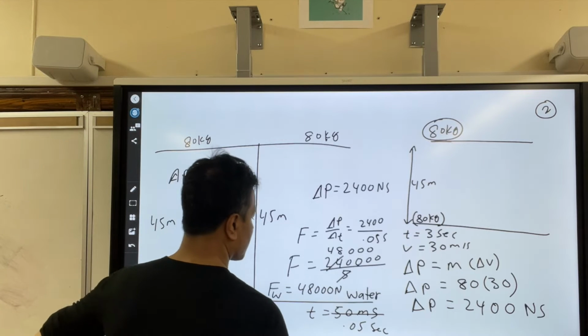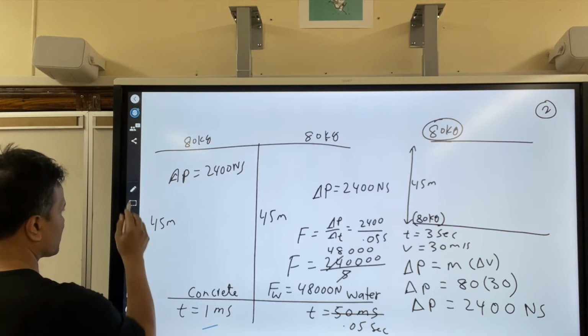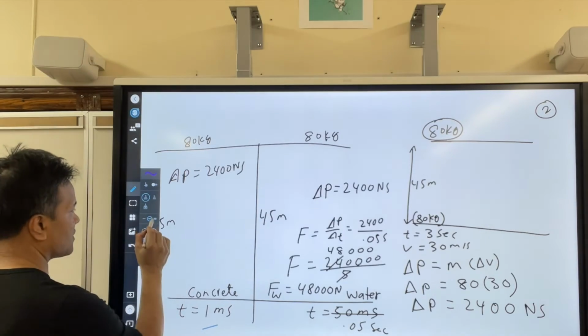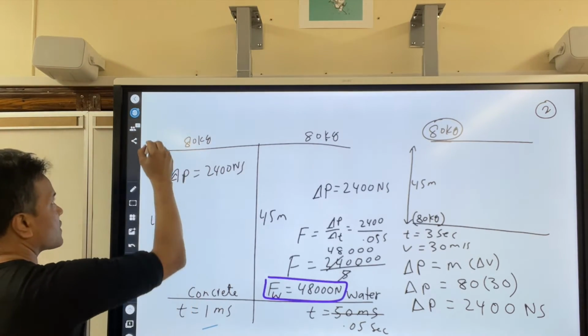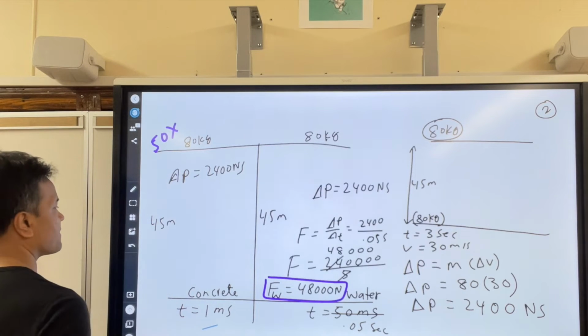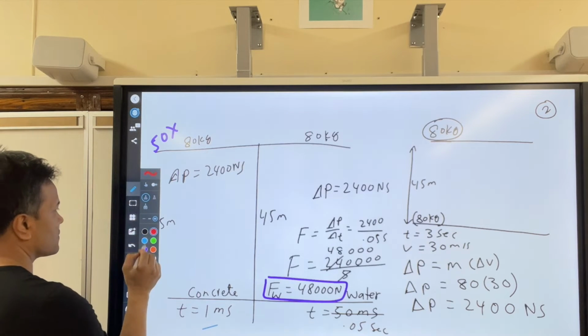This one, the concrete, is going to be 50 times more. Let's see whether that is true.